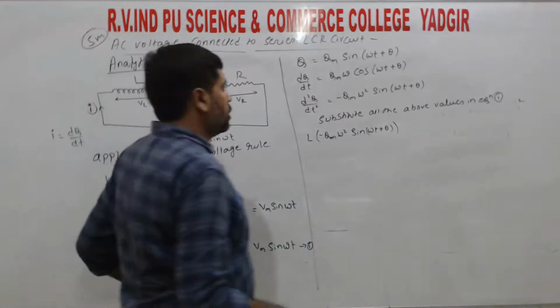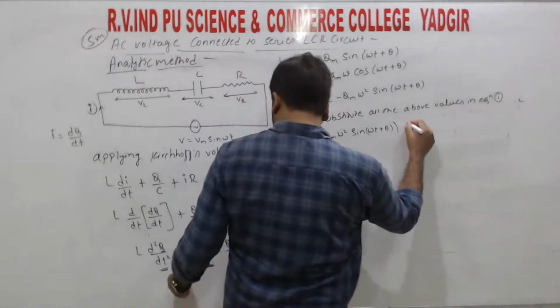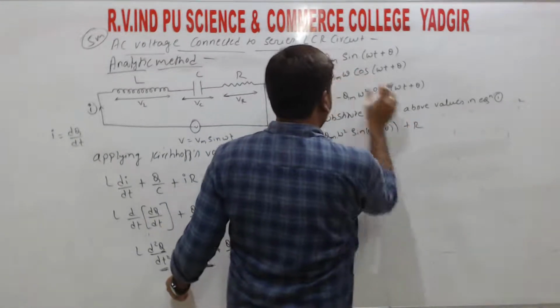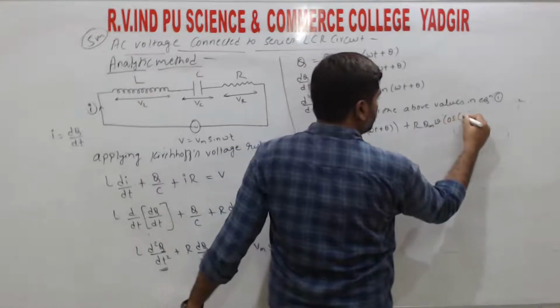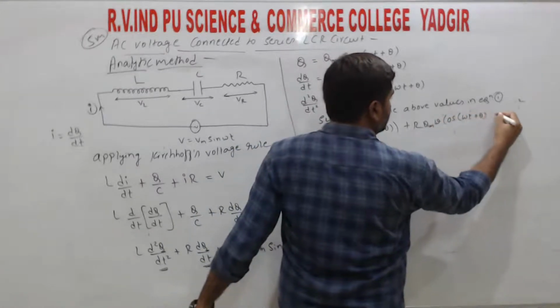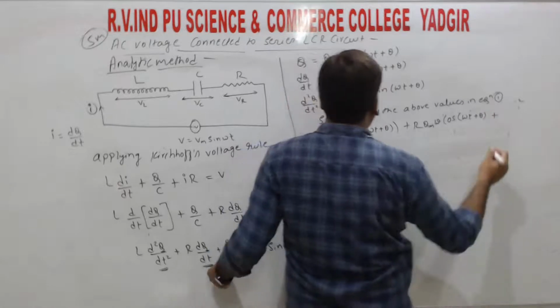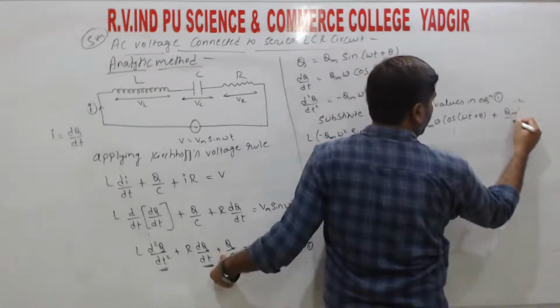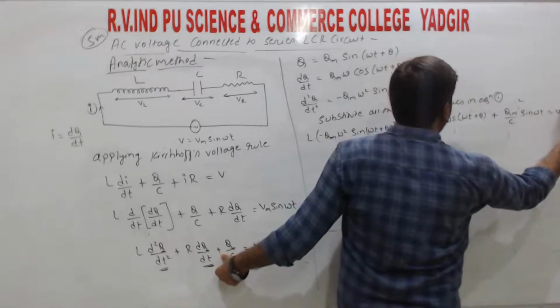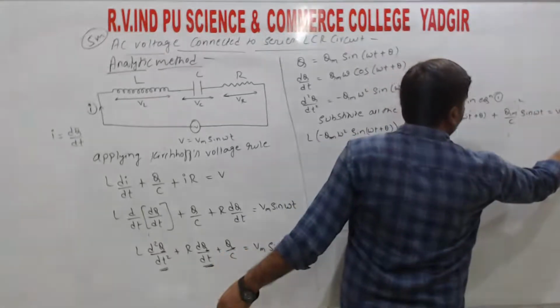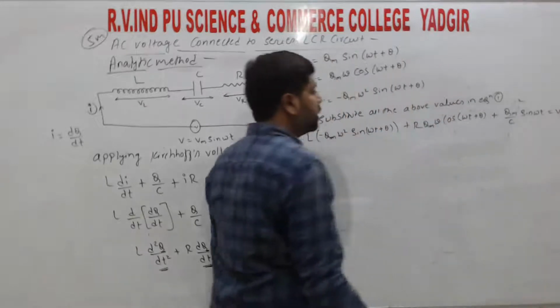Next, plus r into dq by dt, that is qm omega into cos of omega t plus theta, plus in place of q you can write qm by c sin omega t, that is equal to vm sin omega t.